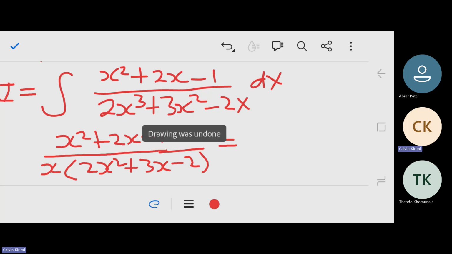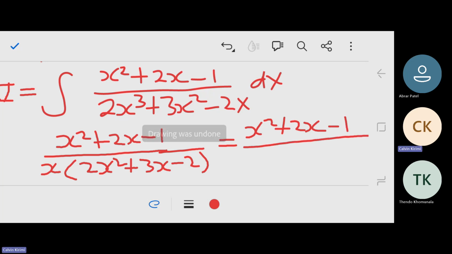So instead of writing that expression, it can also be written as x squared plus 2x minus 1, everything over x bracket 2x minus 1, bracket x plus 2.